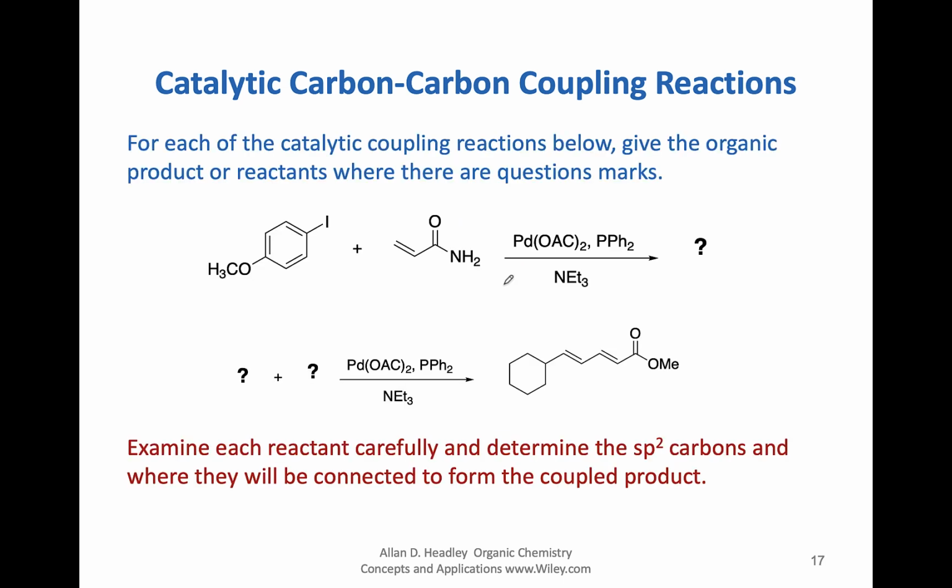So let us just apply this knowledge before we conclude. A typical question would be like this: to predict the product and the reactants for these reactions that look like this. So here we have two reactants, and we're asked to predict the product. In the second case, we have the product, and we're asked to predict the two reactants.